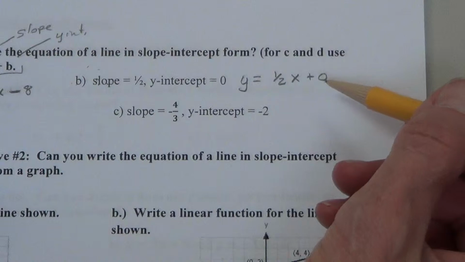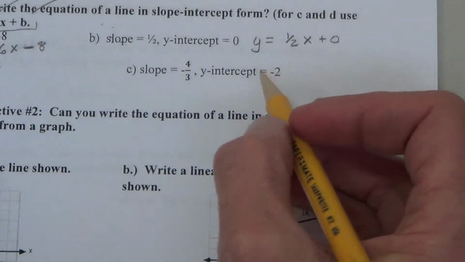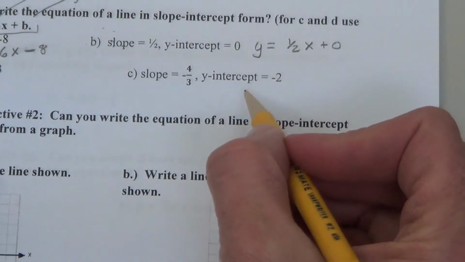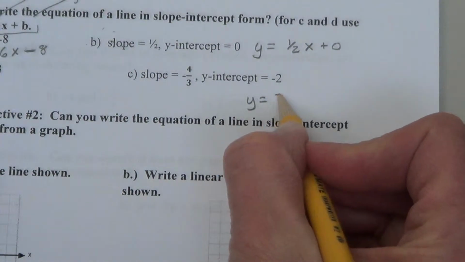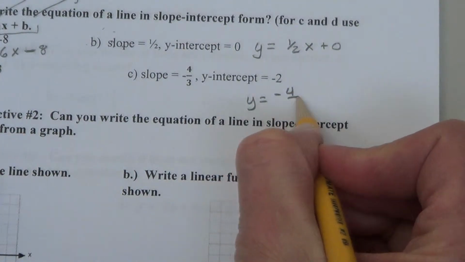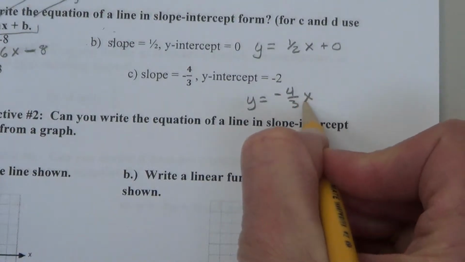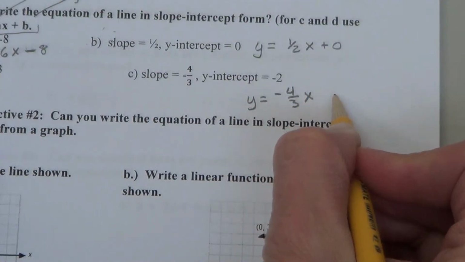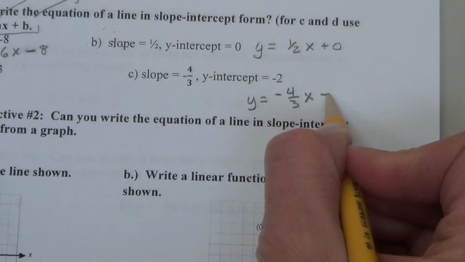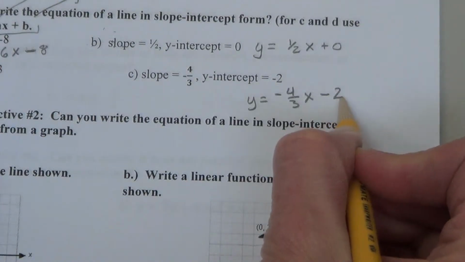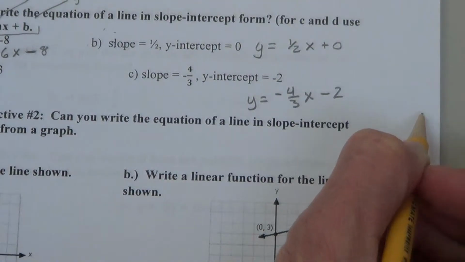Either way is correct. On the next one, slope is -4/3, so it would be y equals, slope is always attached to the x, so it's -4/3 x. And then the y-intercept is -2, so rather than put plus -2, we just put -2.